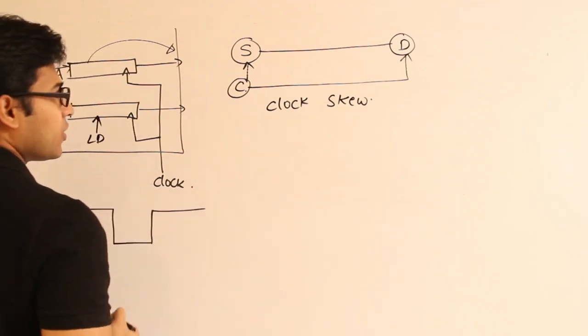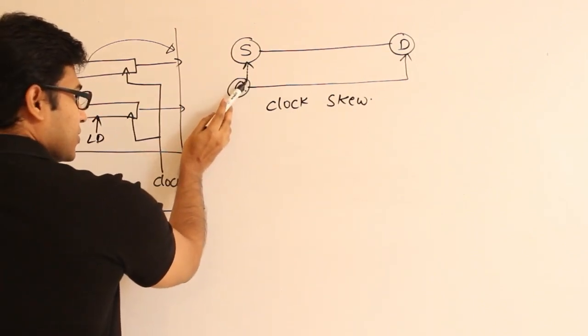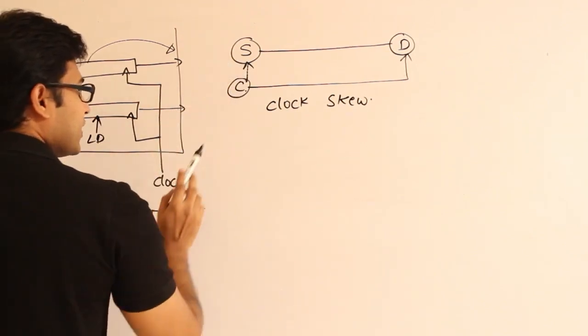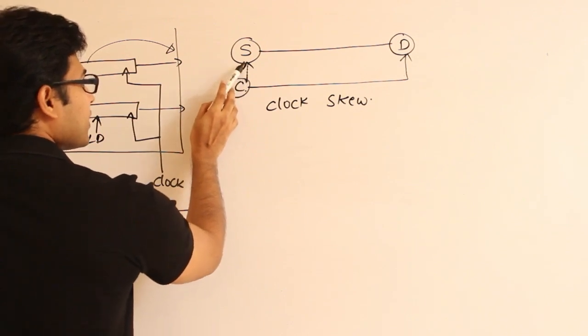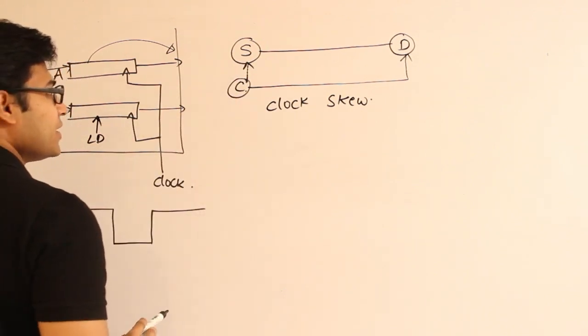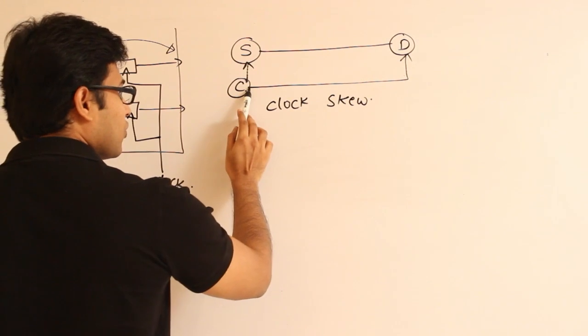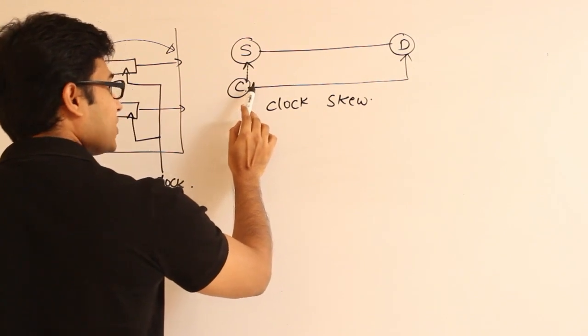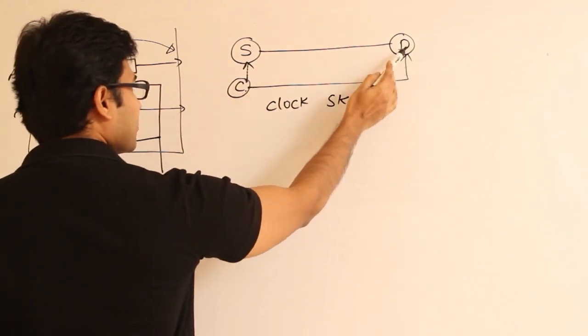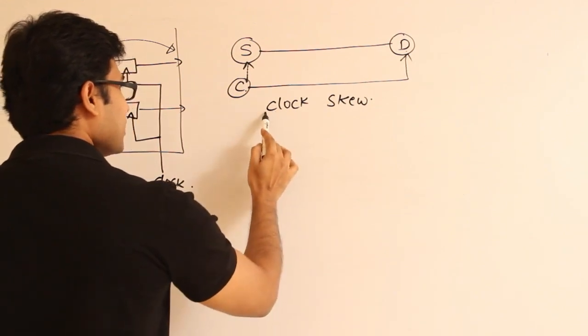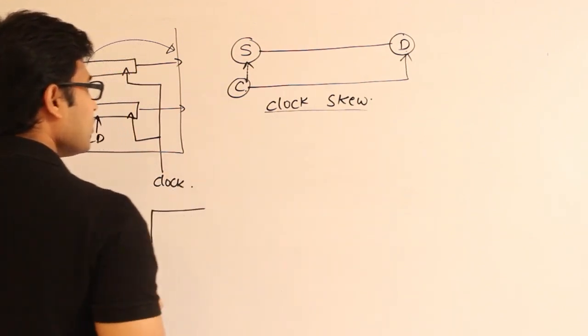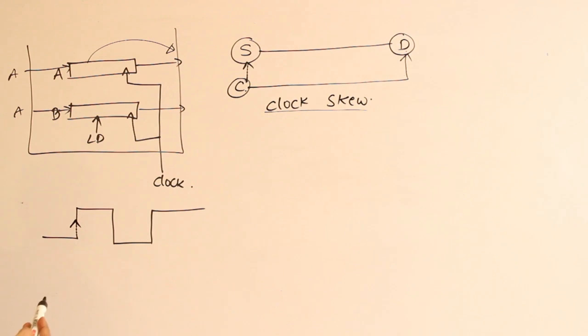Since the distance from the clock to the source is very small, whenever there is a positive edge, it will immediately be seen by the source, but only after some time will the positive edge be available at the destination. That is why in most cases we will not be able to synchronize the communication using the clock. That is where we go with asynchronous mode of transfer.